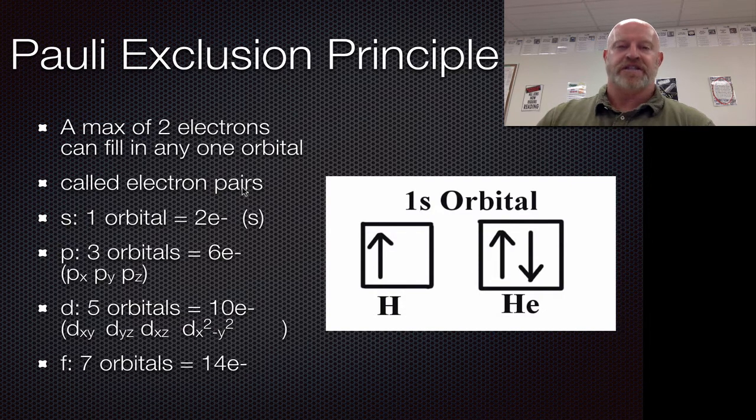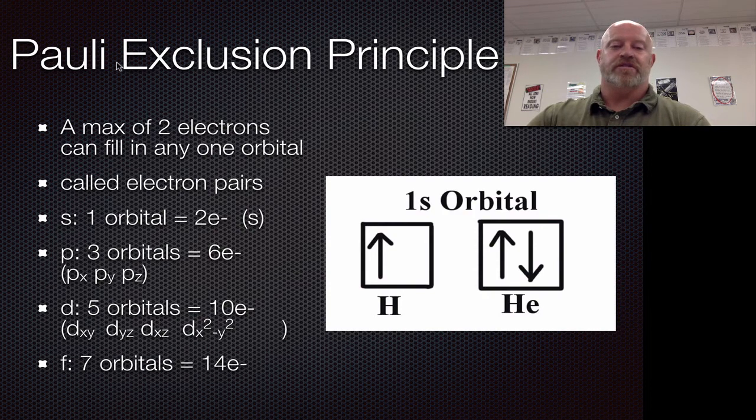The electrons spin and create opposing magnetic fields, and opposite magnetic fields from this spin attract each other. So even though their charge is the same, the opposing magnetic fields attract, so they pair up. We will deal with electrons in pairs a lot in this class.